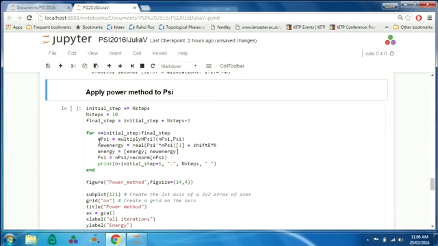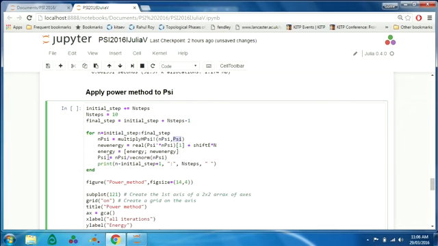We have a loop here, and it's going to take psi as an input, and it will multiply by h. And that's going to be our new psi, or psi prime. We're going to look at how much the energy is, and we're going to keep the energies in this variable.